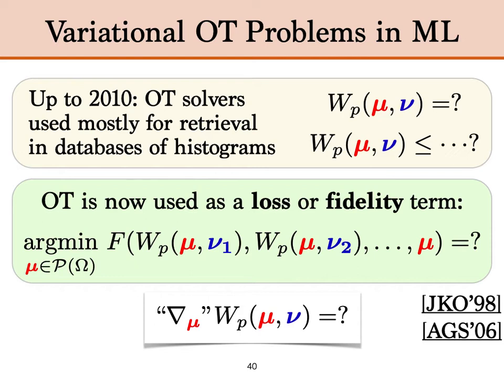You can compute geodesics, you can try to compute some form of gradient in this Wasserstein space of probability distributions. Those are the problems that we are the most interested in now. We're no longer at the stage where computing the distance is interesting. We're at the stage where differentiating it is interesting. And for this, we can rely on the works of mathematicians that paved the way 2 decades ago.